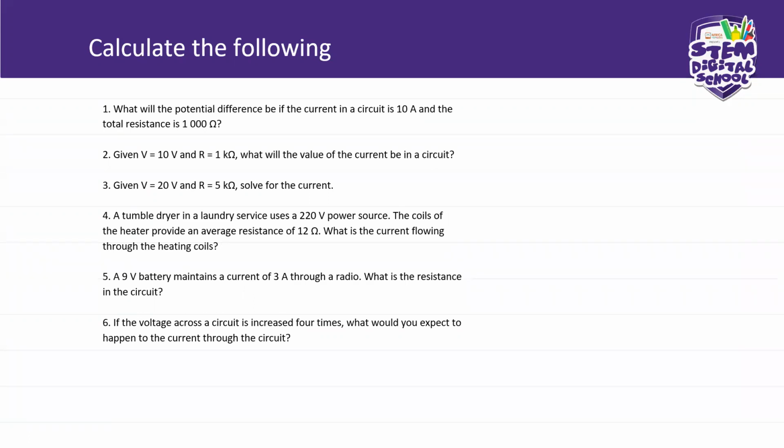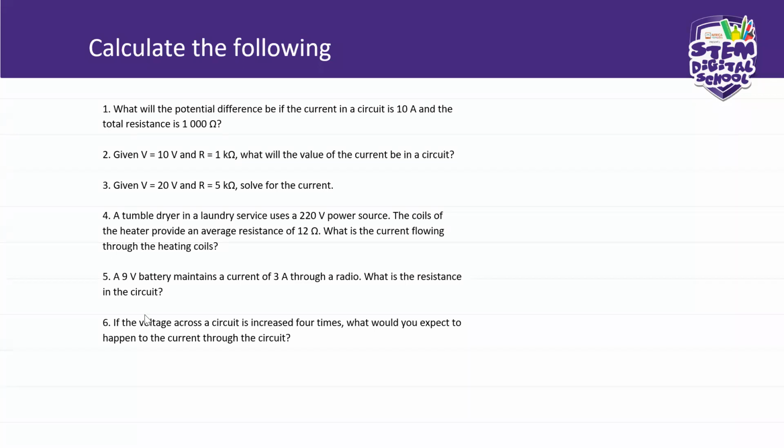You are correct. So what is the formula that we are going to use for calculating voltage? We are going to multiply current by resistance.